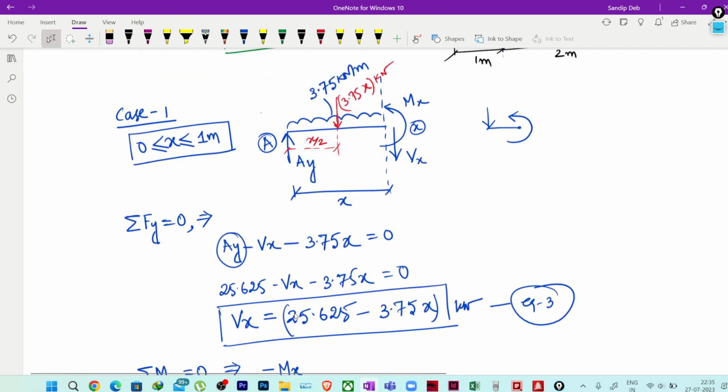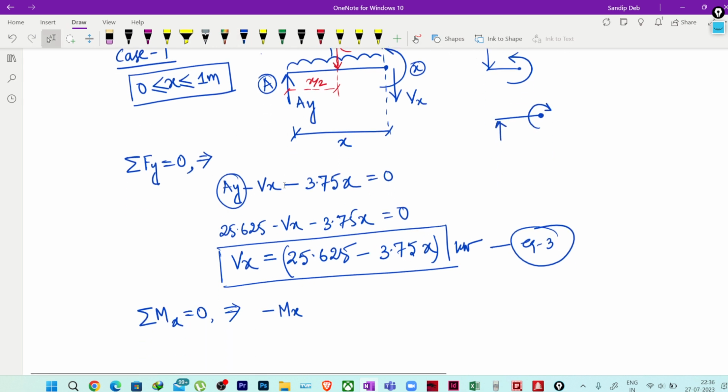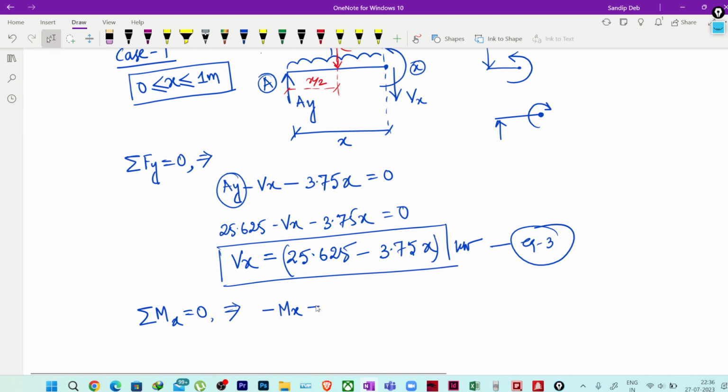Then what other moments will be there? As I am rotating about this point x, now this Ay will come into existence. As this Ay is acting upward, it will create a clockwise moment about this point. So like this is my point, Ay is acting here, so it will be a clockwise moment, correct? So I will write it as clockwise moment, so plus Ay into x. Okay, so I got the moment.